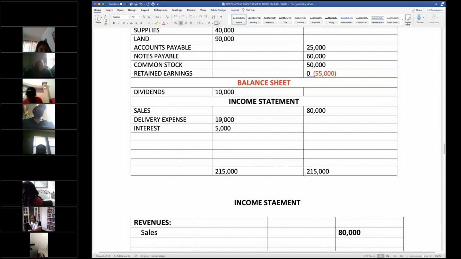Then we got to close out expenses. Then we got to close out dividends. So we're closing out everything below the balance sheet because these are temporary retained earnings accounts. So where do we get the numbers from? We come to the trial balance and we look at everything below balance sheet that we typed in and we close it.